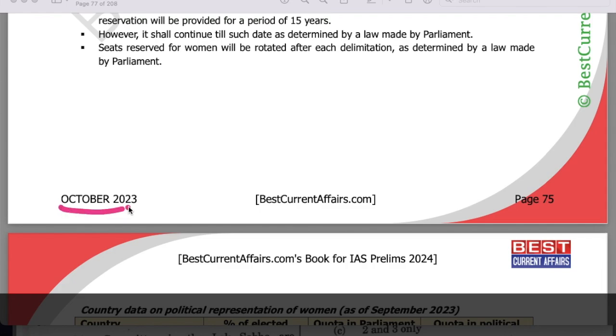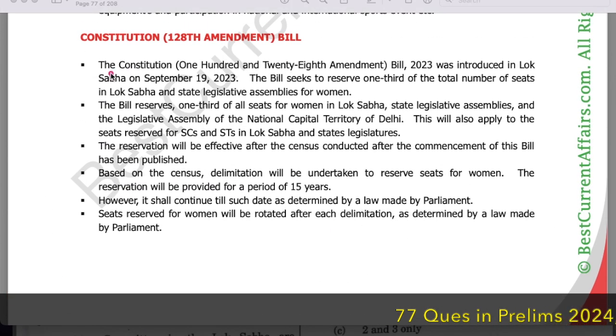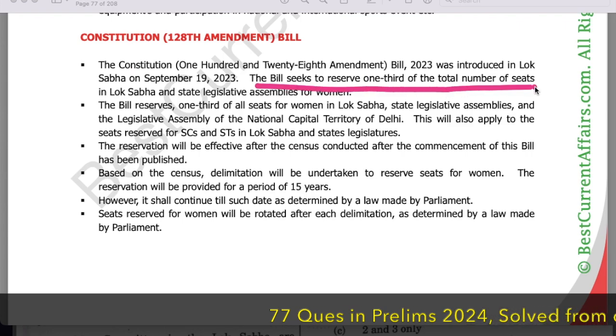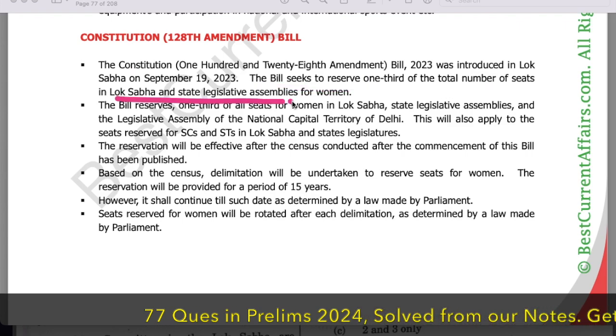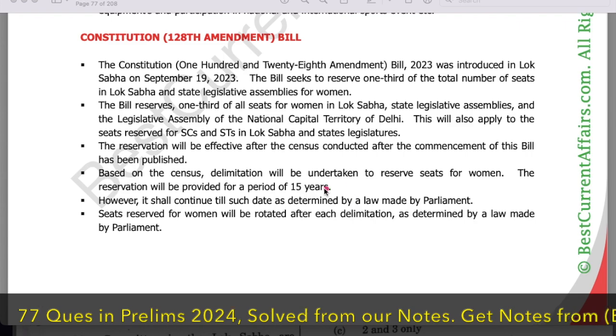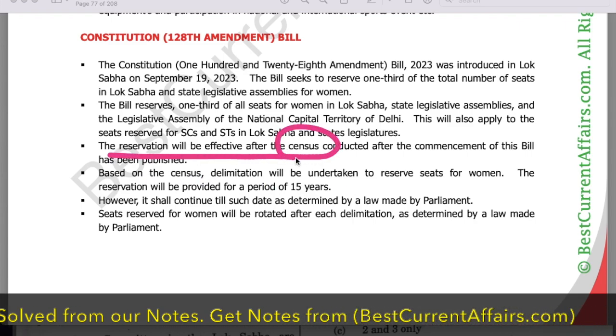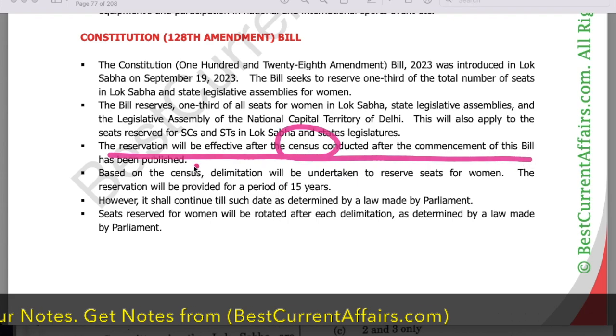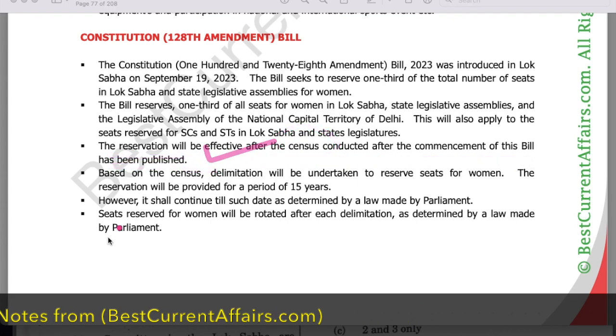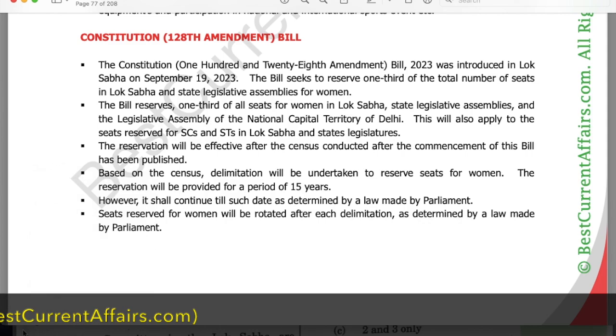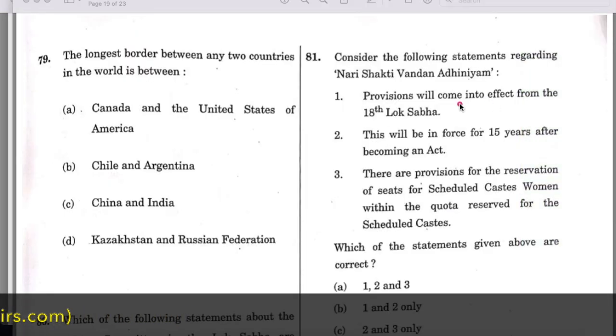In our October 2023 current affairs book, page number 75, it is mentioned that this bill seeks to reserve one-third of the total number of seats in the Lok Sabha and state legislative assemblies for women, and the reservation will be effective after the census conducted after the commencement of this bill has been published. So it is not the provision that will come into effect after the 18th Lok Sabha, but after the census. Therefore this statement is wrong.